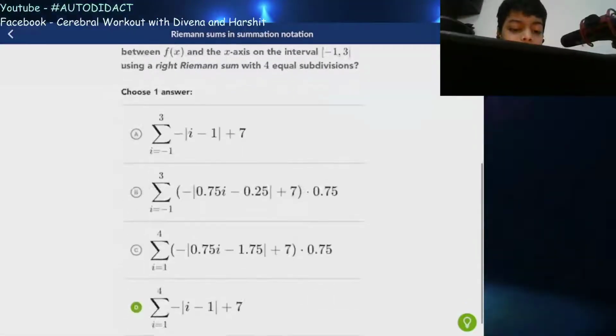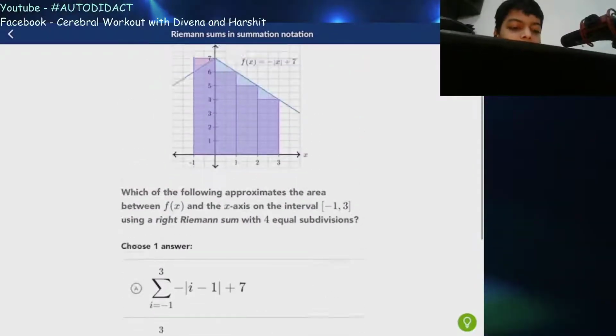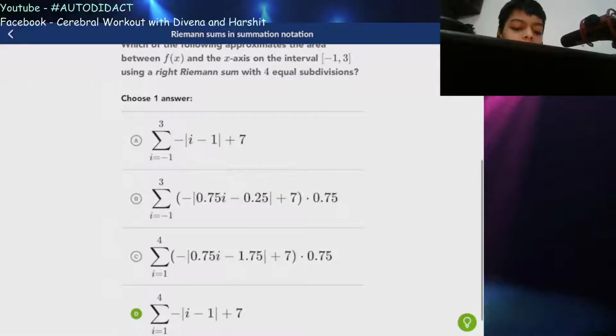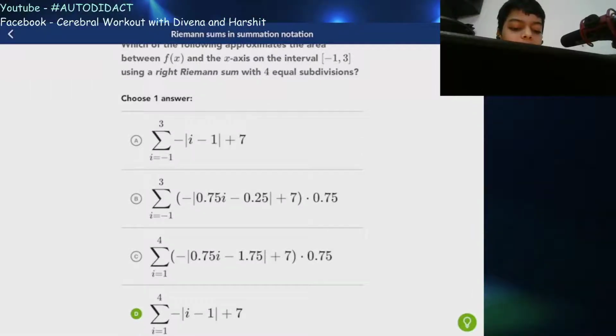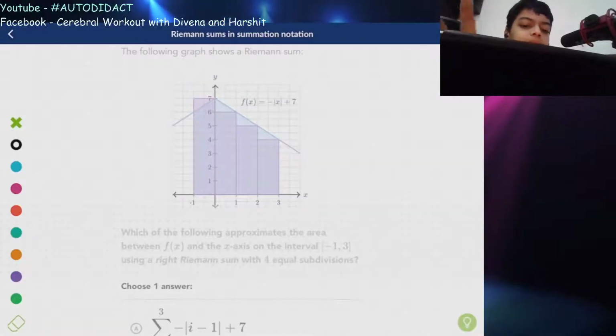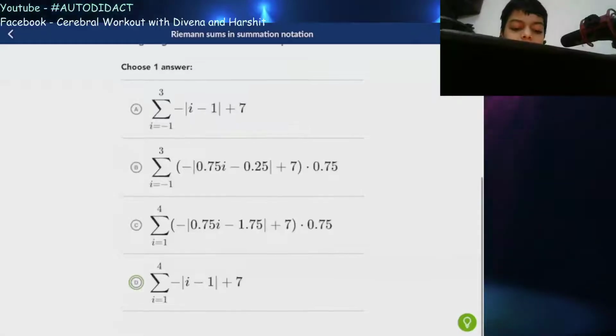Let's check the answer. Let I be equal to 1 for the first rectangle. 1 minus 1 is 0, negative that is also 0, plus 7 is 7, and its height is also 7. So I will go with this answer.